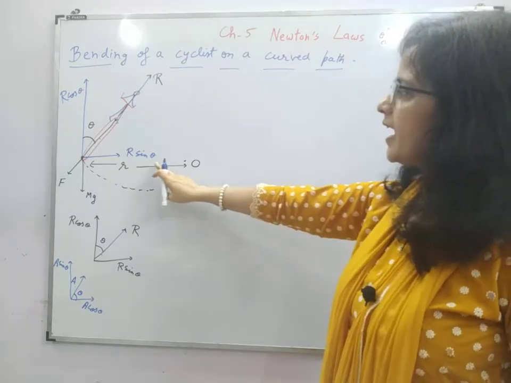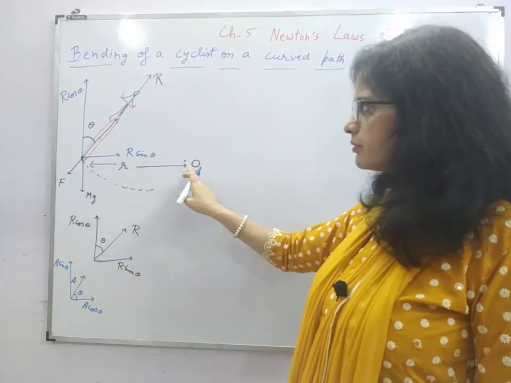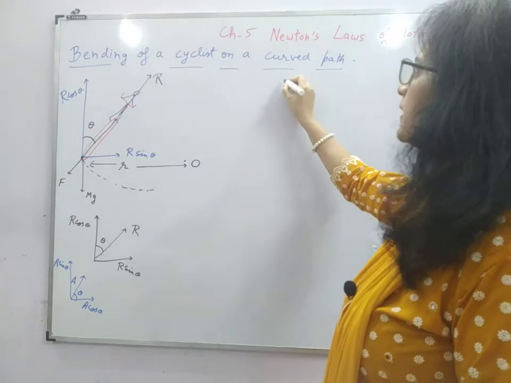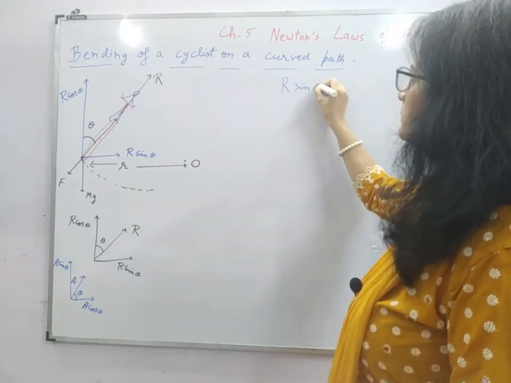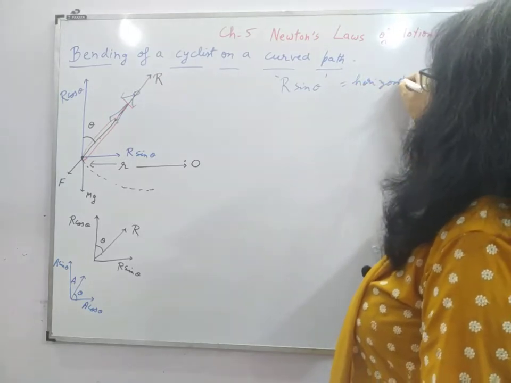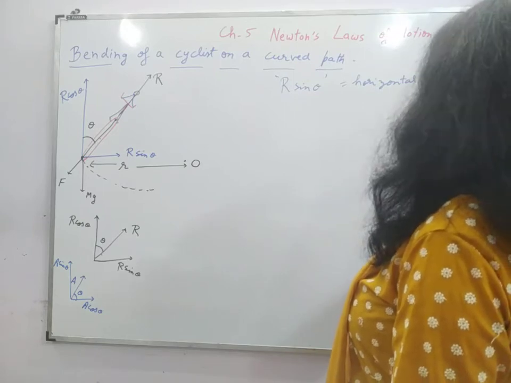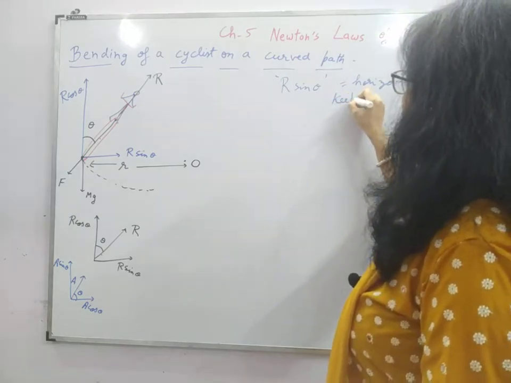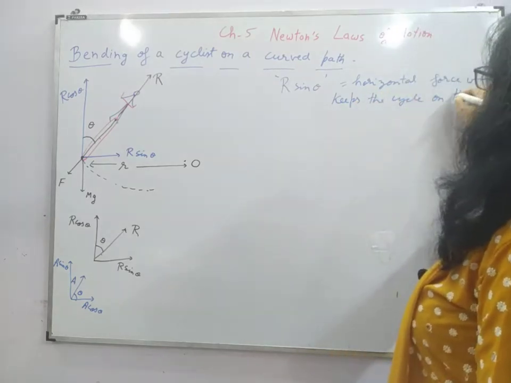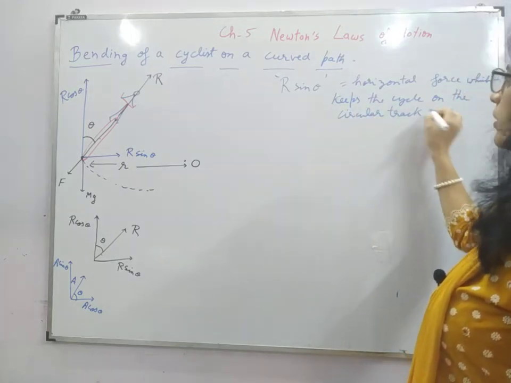Now it is clear that R sin theta is the horizontal force which is trying to keep it on the circular path. So we can write, very important, that R sin theta is the horizontal force which keeps the cycle on the circular track. What does that mean?